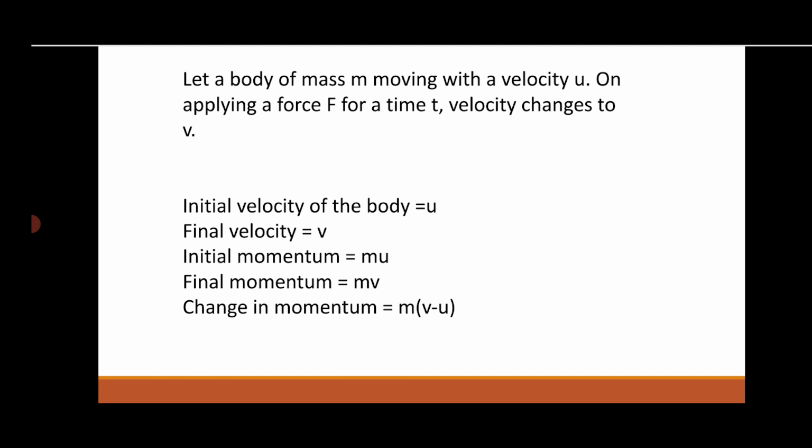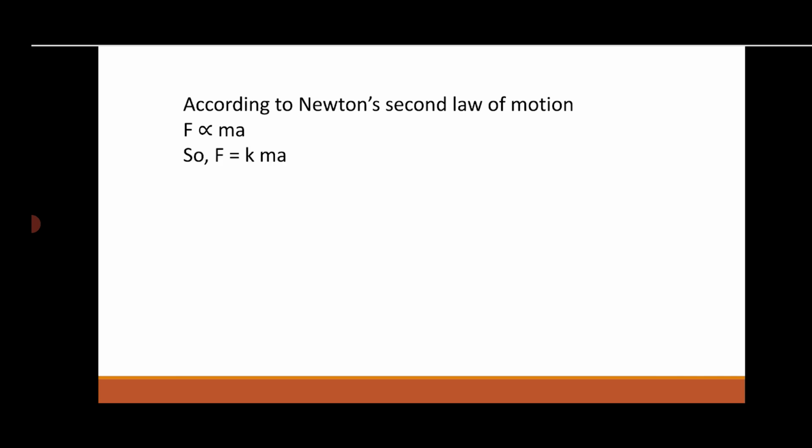The change in momentum is m times (v minus u). The rate of change of momentum is m times (v minus u) divided by t. We can write (v minus u) by t as the acceleration. As per Newton's second law of motion, we can write F is proportional to mass times acceleration. Here we can change the proportionality sign by putting the constant k.